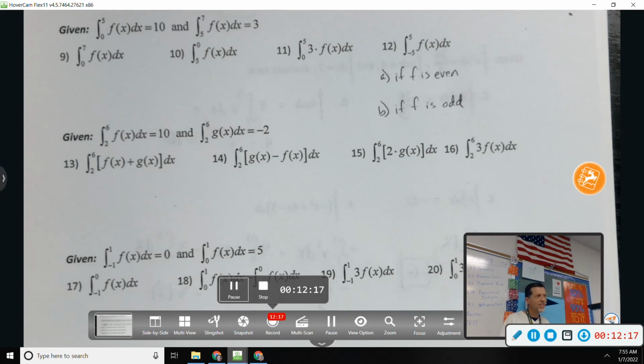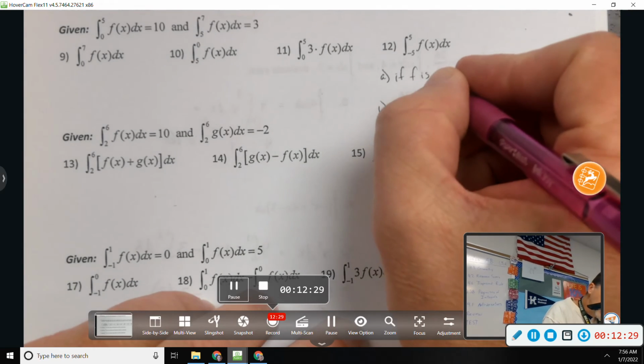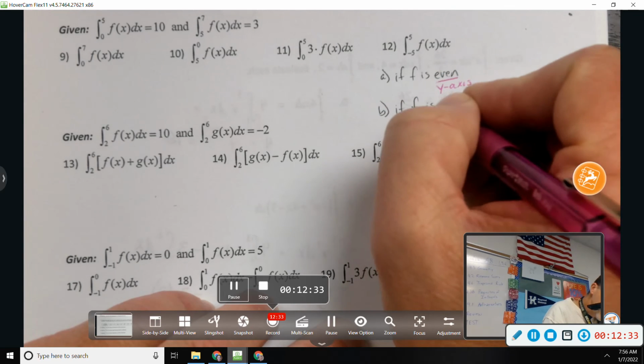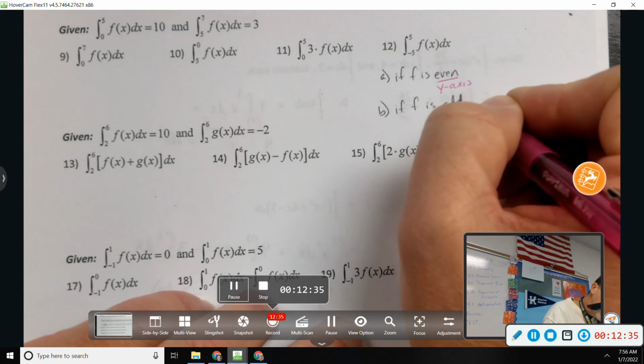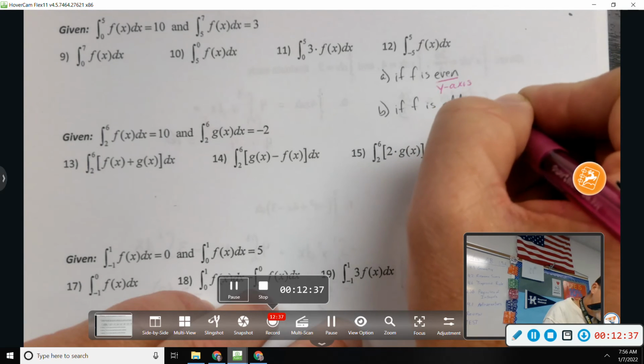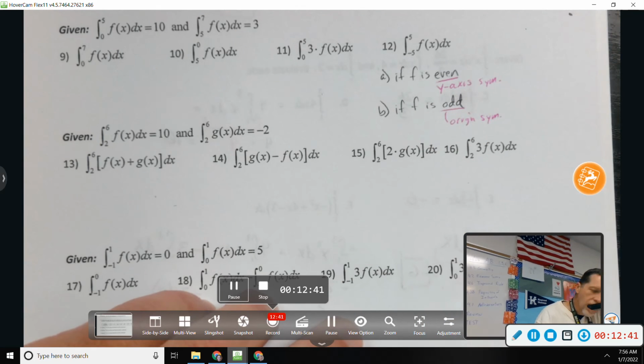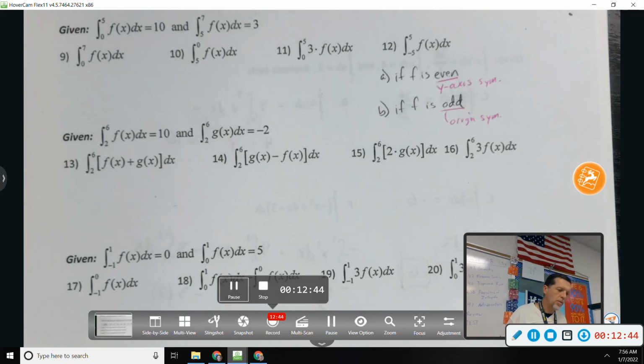Remember what an even function looks like? Or even an example of an even function? An even function has y-axis symmetry. And an odd function has origin symmetry. And maybe that will be enough. We'll find out if it's enough.